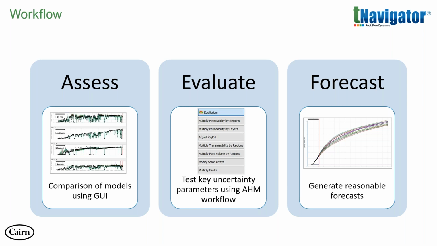Then, based on the ranges or the analysis that you've made, if you want to test a few things, you do that using the assisted history matching workflow. And then once you're satisfied with your best matched model, take it into forecast mode.